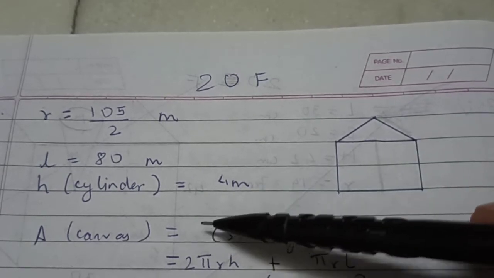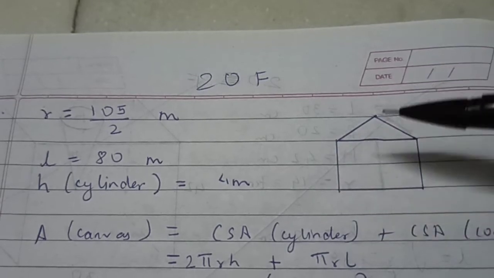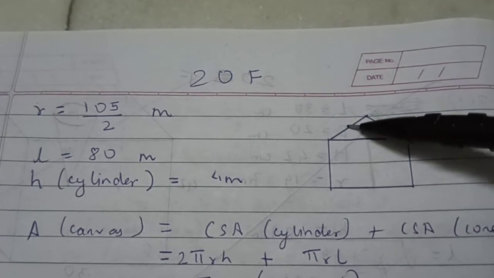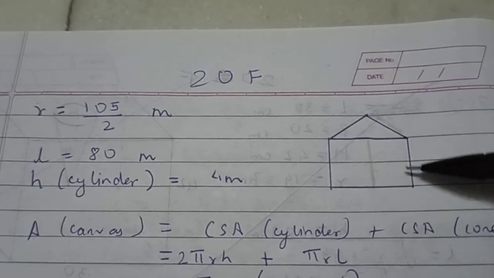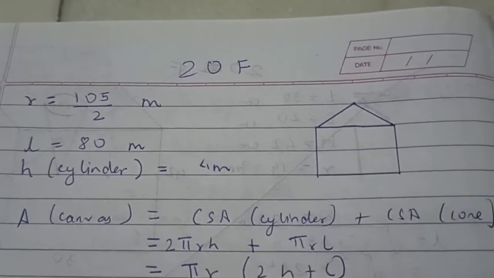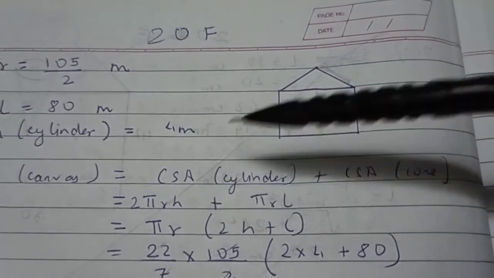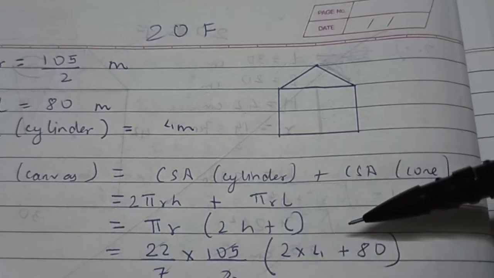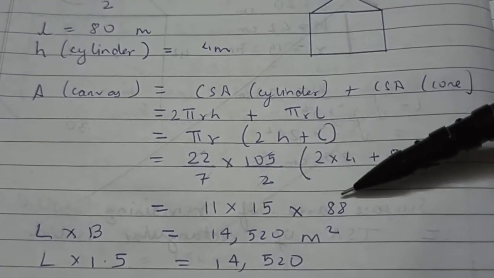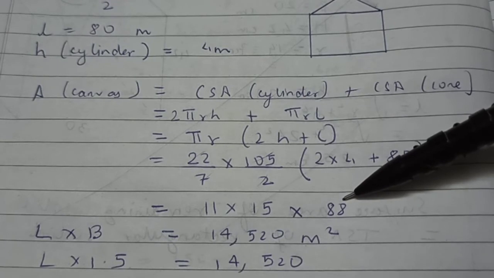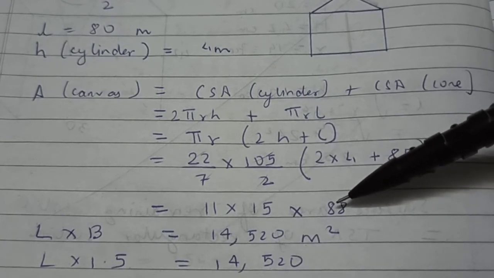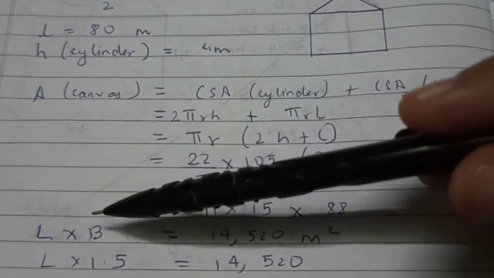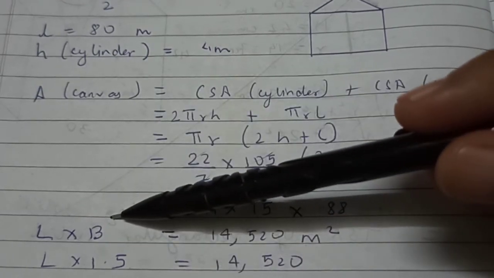Now the total area of the canvas required, the cloth which is required, is the CSA of the cylinder and the CSA of the cone, not the bases. There will be no cloth at the bases. So that's 2 pi RH plus pi RL. Remove pi R common, substitute all the values, and we get the answer as this. Don't multiply it yet, because the canvas which is purchased from the market, the area for that is actually length into breadth, and the breadth or the width is already given.